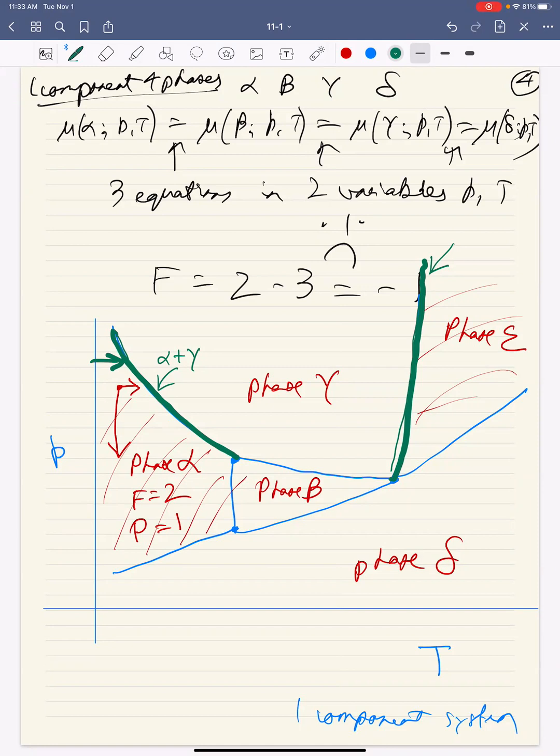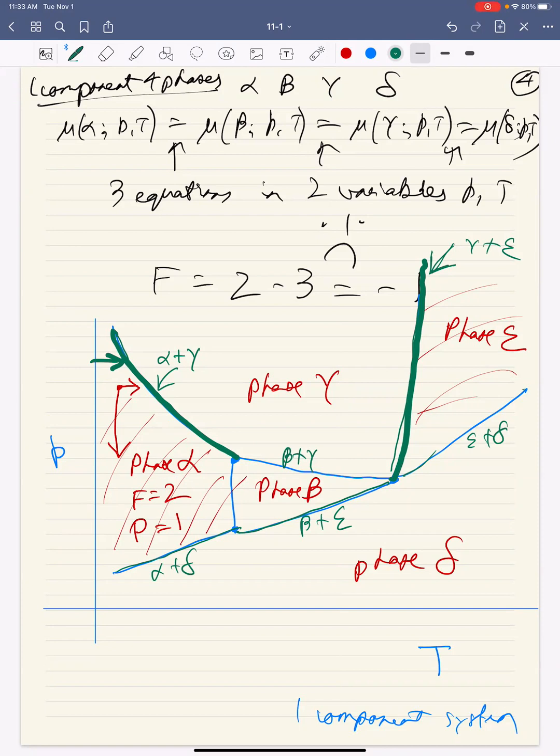Gamma plus epsilon. Good. And this one is going to be beta plus epsilon. This one is going to be alpha plus delta. This one is going to be epsilon plus delta. This one is going to be beta plus gamma, and so on and so forth. So any curve in this one component system is a 2-phase region.